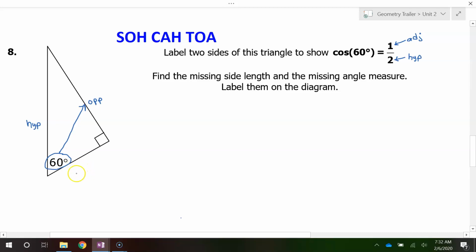That means the other leg is the adjacent leg, and the adjacent leg has to be 1.